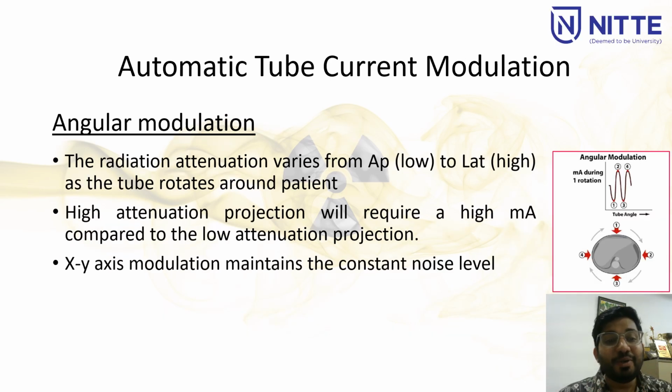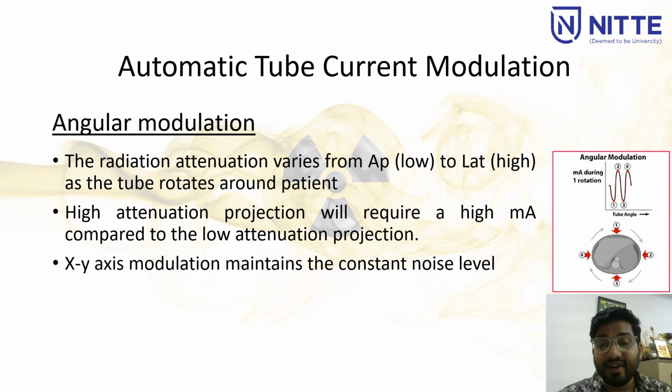Now we'll look into angular modulation. What is angular modulation? Angular modulation is XY axis modulation, which adjusts MA as the tube rotates around the patient. The radiation attenuation varies from AP, that is low attenuation, to lateral, that is higher attenuation, as the tube rotates around the patient.